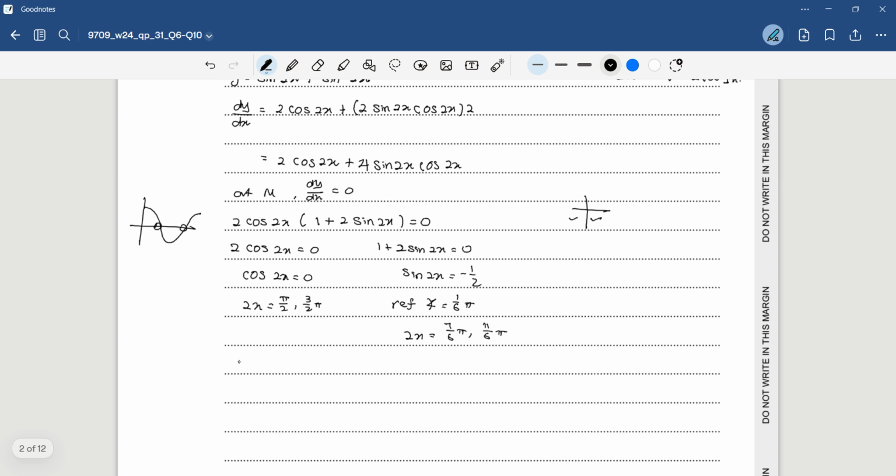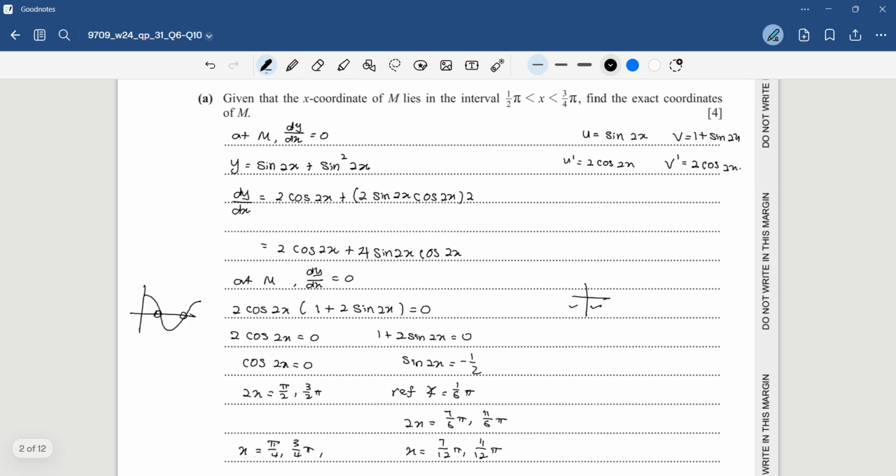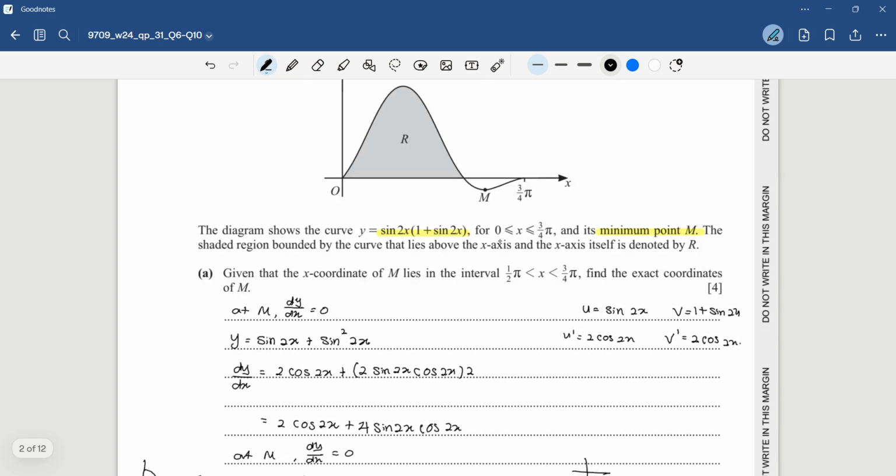Therefore from the first, x equals pi over 4 and 3 over 4 pi, and from this one x will be 7 over 12 pi and 11 over 12 pi.